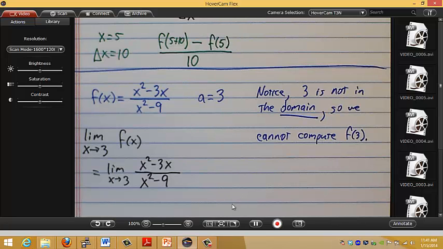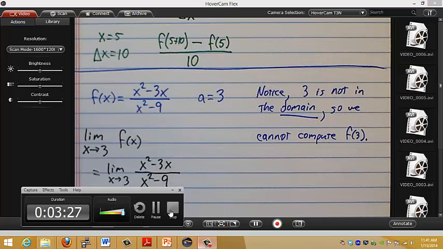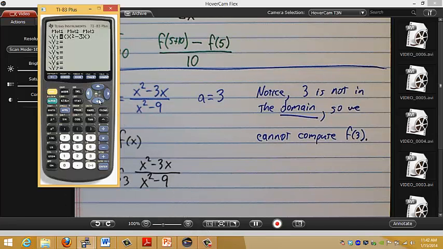I'd like to type that function into my calculator, and I'd like you to do it too if you have one. So I'm going to go ahead and pause the recording and then come back once I have my x squared minus 3x in parentheses. I'm going to divide by, and I'll open parentheses, x squared minus 9. If I don't have those parentheses, it's not going to work.